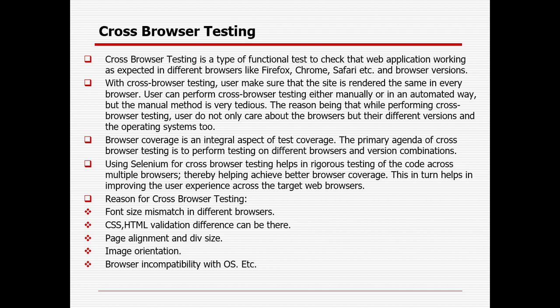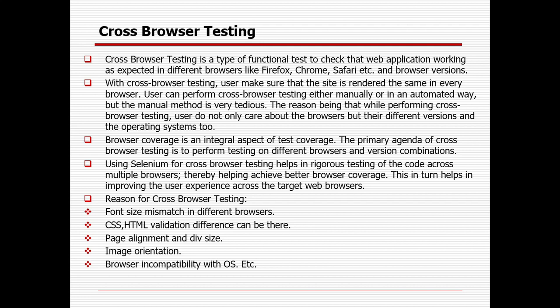The user can perform cross-browser testing either manually or in an automated way, but the manual method is very tedious. The reason is that while performing cross-browser testing, users care not only about the browser but also about its different versions and the operating system too. So browser coverage is an integral aspect of test coverage.